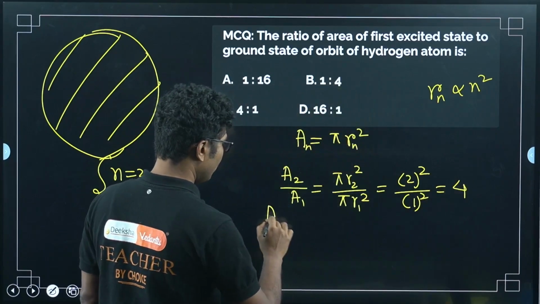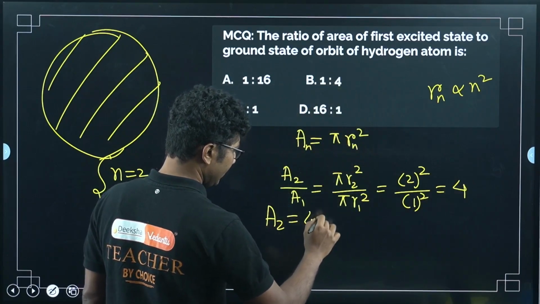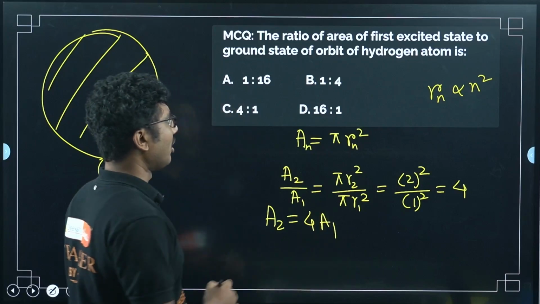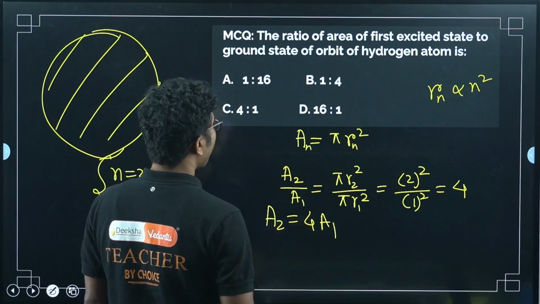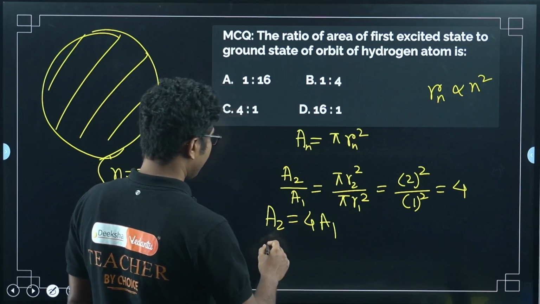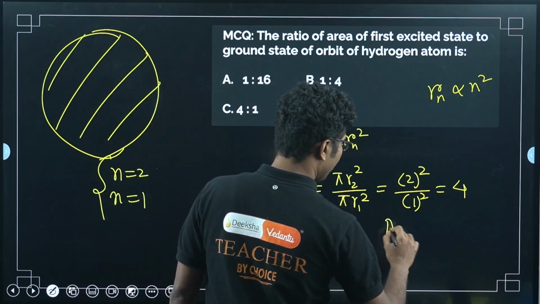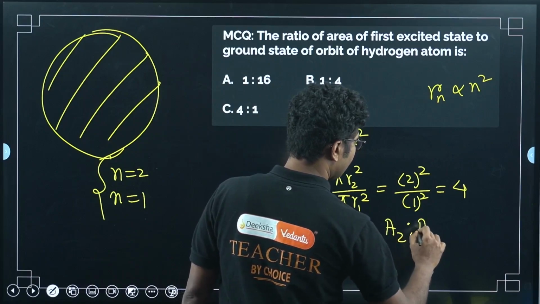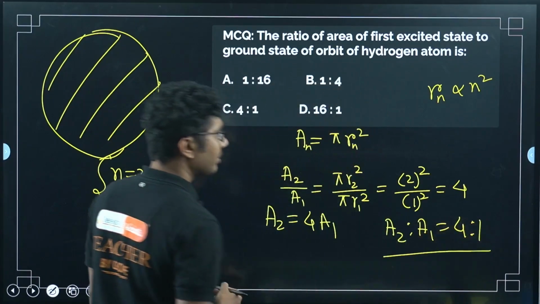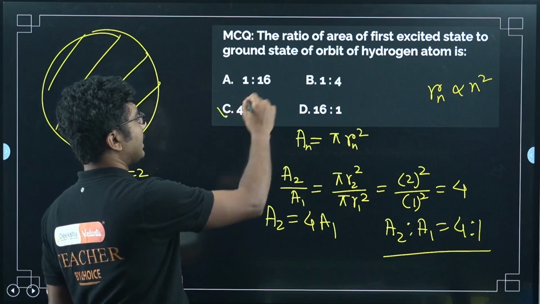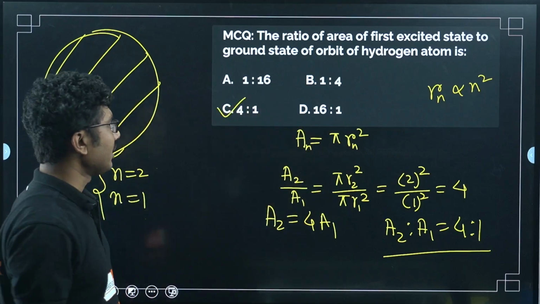So A2 equals 4 A1, or we can write A2 is to A1 equals 4 is to 1. If you see, the only correct answer is C, 4 is to 1.